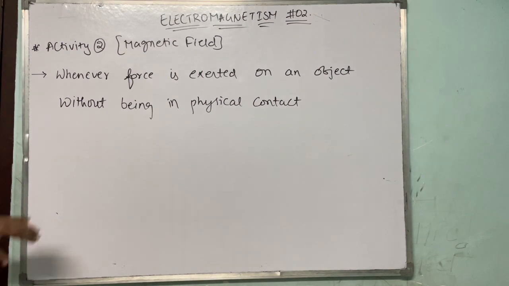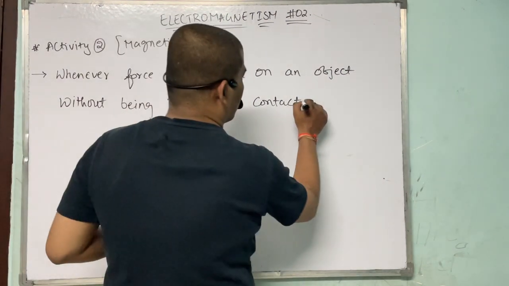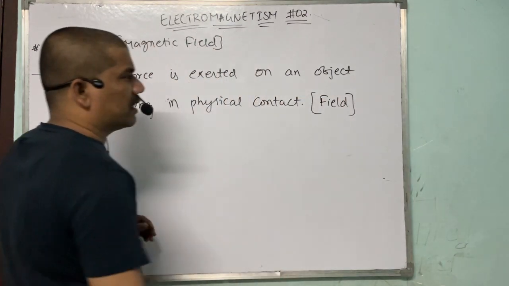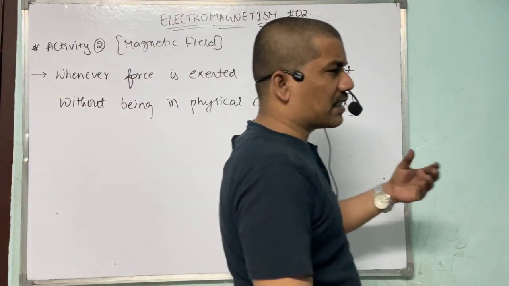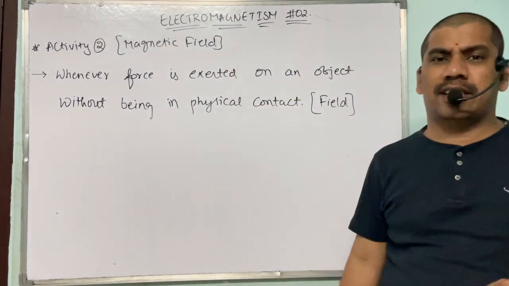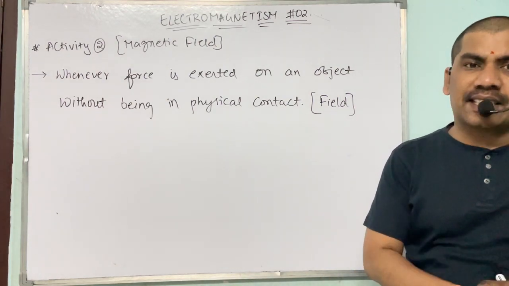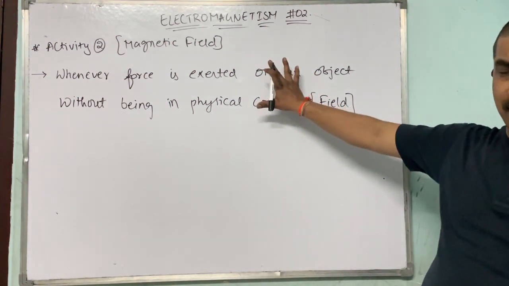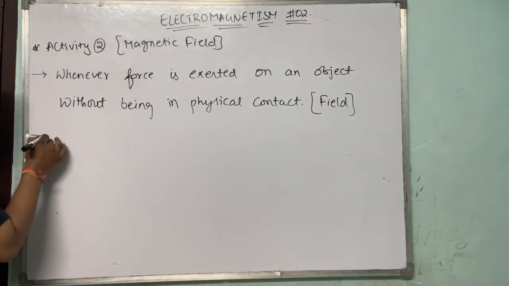For this type of scenario, we use the word field. In simple words, if I say magnetic field, it is the area or the region around the magnet where its effect can be felt. We can write in this way, for these cases we use field, or in simple words, we may write like this.